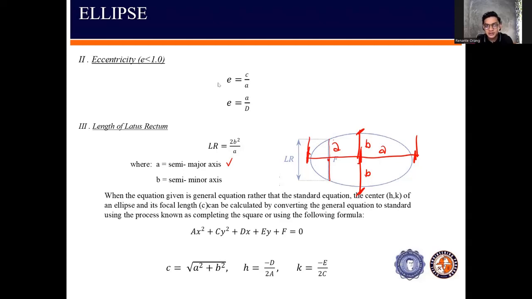But if you don't want to complete the square, you want it direct, c is equivalent to the square root of a squared plus b squared. In determining h, that is negative D over 2A, and in determining k, that is negative E over 2C. So it is like a shortcut if you don't want to go through completing the square.